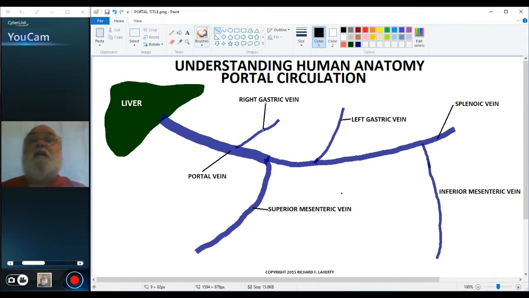And the other vein that I'm going to show you draining into the liver is the cystic vein.